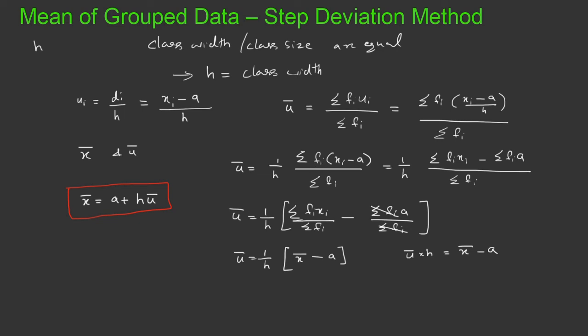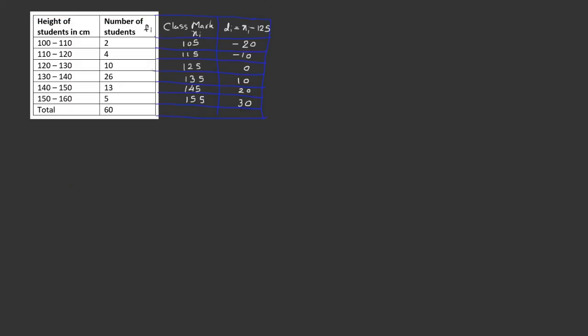Let us calculate mean of group data for the previous example. We already calculated the values of class mark xi and di with a equal to 125 in the previous example. They are as written here. Now, we need to calculate ui. For that, I need to take an h.